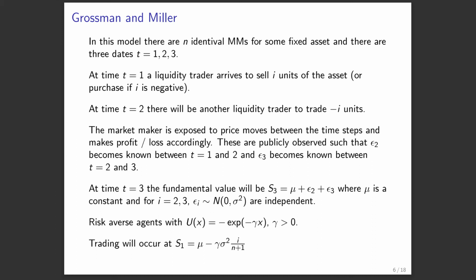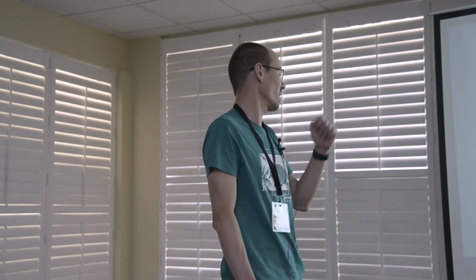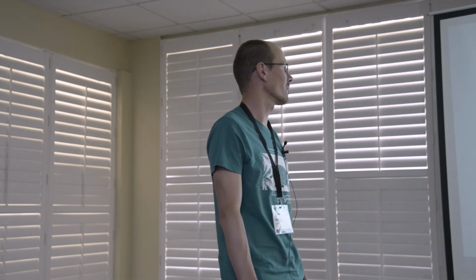So if mu is the fair price, if the market maker is willing to buy it, then there will be some impact from volatility, which is the sigma squared, something from risk aversion, which comes from utility maximization and how the game is set up. And in this case, it's basically saying that if you have more market makers, then there should be less of that penalty in the fair situation.